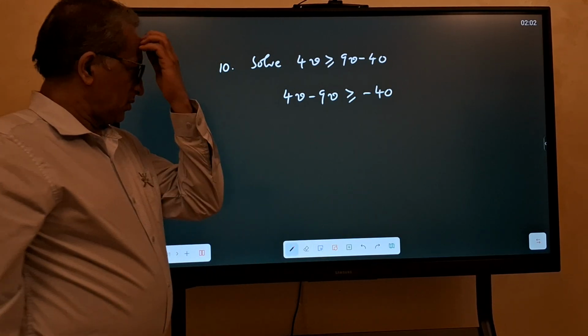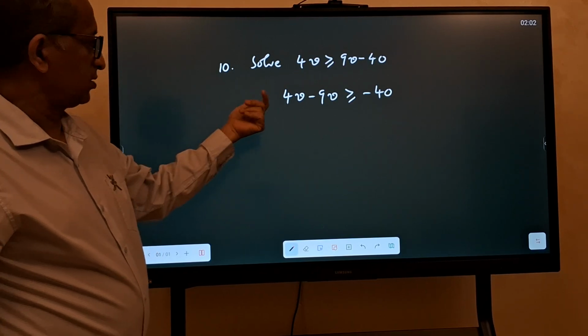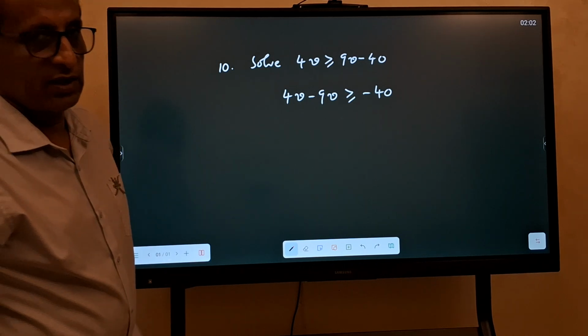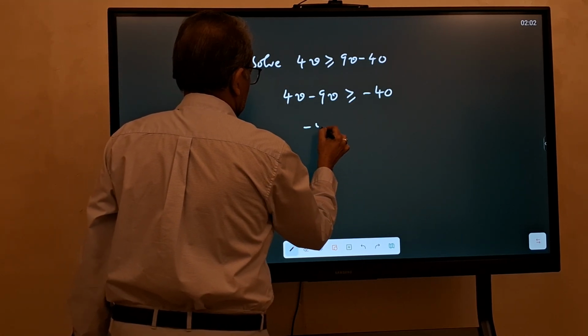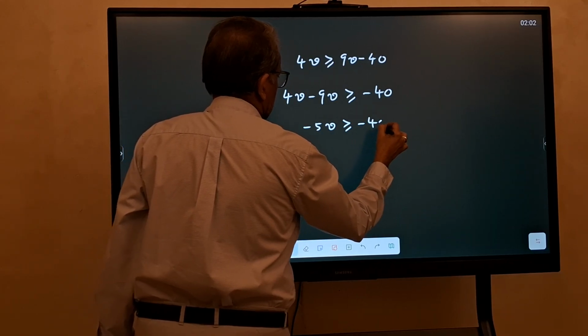See, I have not done anything, just 9v I bring it on the left so that the v's are together. Ultimately we are finding the value of v. 4v minus 9v is minus 5v greater than or equal to minus 40.